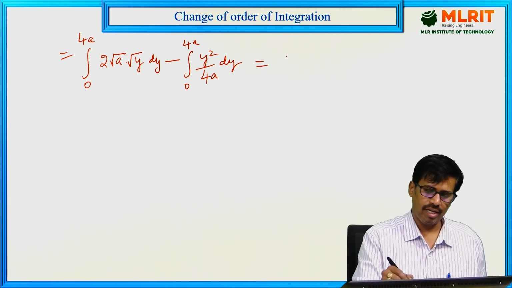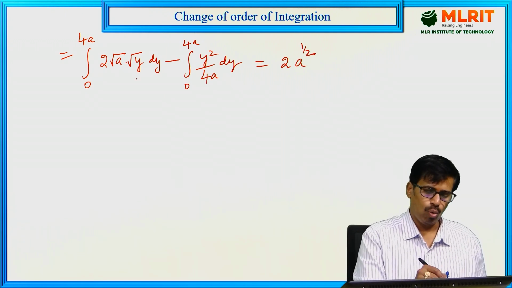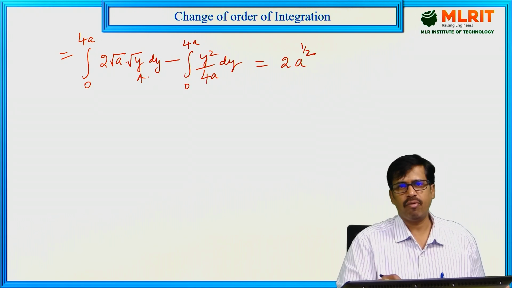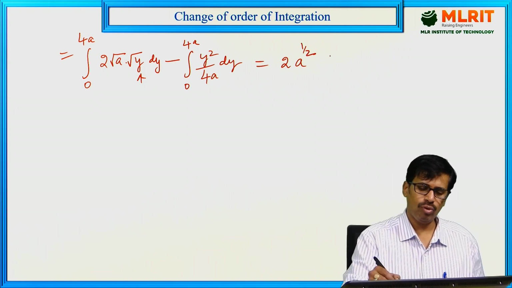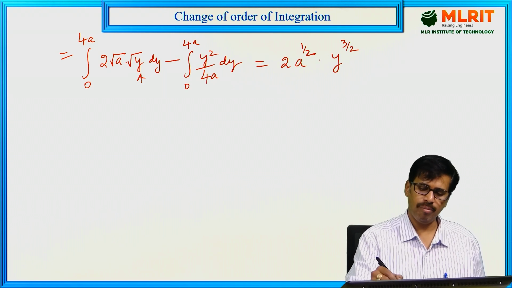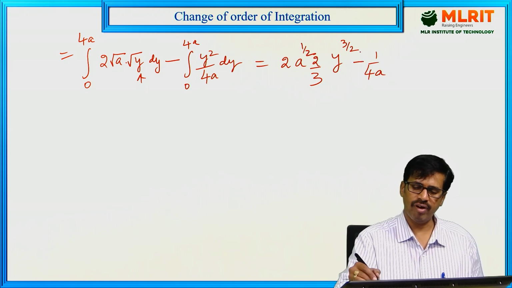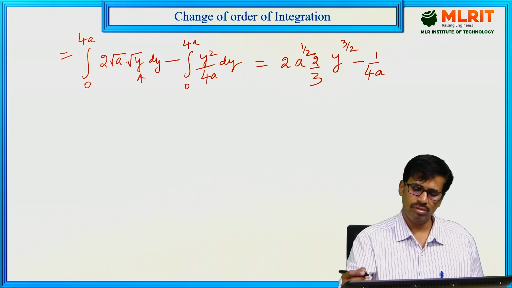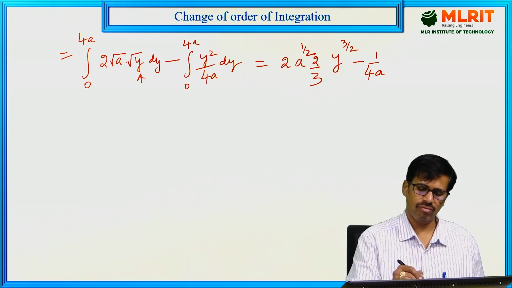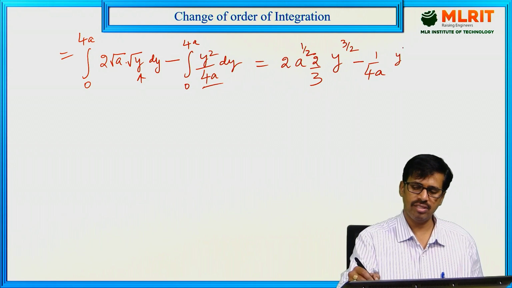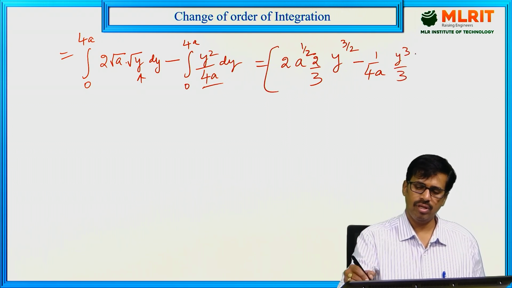So this can be written as 2 into root a means a power 1 by 2. Root y can be written as y power 1 by 2, and integration of y power 1 by 2 is y power 1 by 2 plus 1, 1 by 2 by 3 by 2, means into 2 by 3, minus 1 by 4a, take it outside, integration of y square is y cube by 3, and y limits are 0 to 4a.